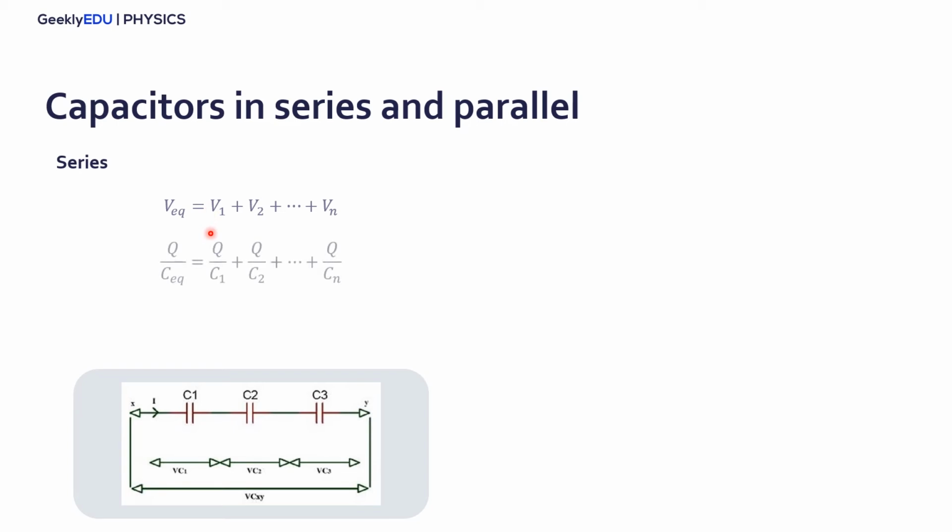For the capacitance, we know that the electric tension is actually the charge divided by the capacitance. So we can do it for each one of the capacitors, and the charge remains the same, so we can calculate the equivalent capacitance with this formula here.